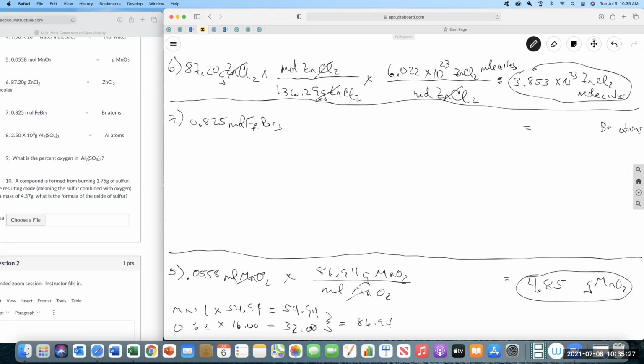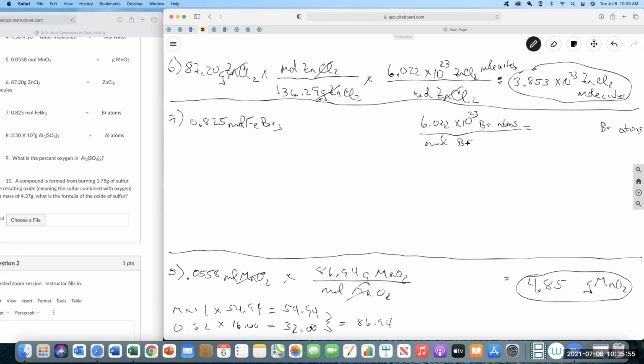All right, so we have moles of FeBr3 and Br atoms. These are different substances. So let's go backwards, because where am I going to get atoms? Well, I can get atoms from Avogadro's number. There's 6.022 times 10 to the 23rd bromine atoms in a mole of bromine.